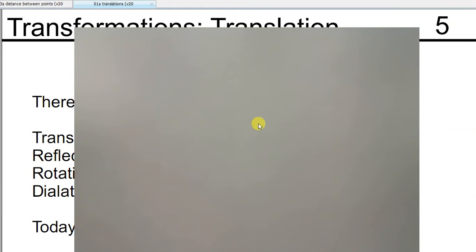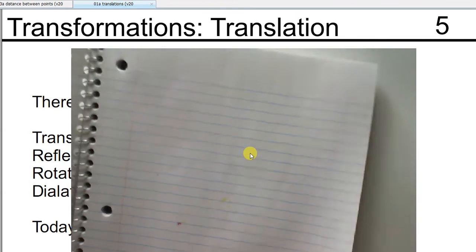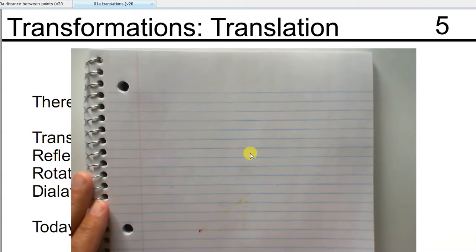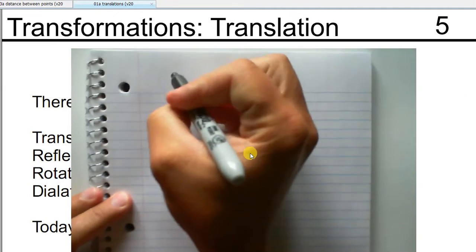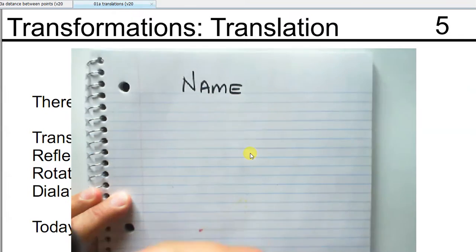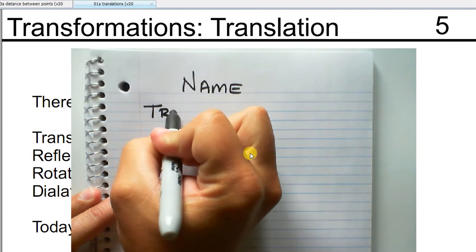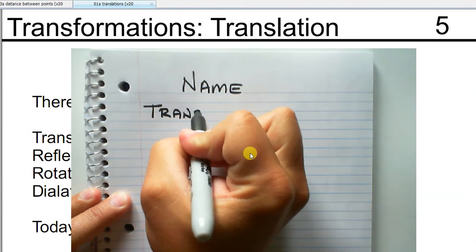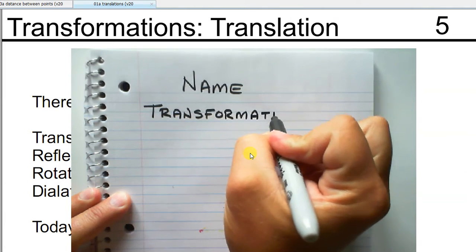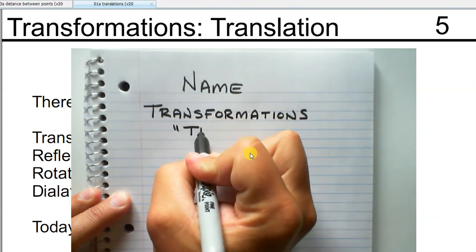And our topic is translation. So start with your name. And our topic is transformations, but more specifically, we're doing the translation.